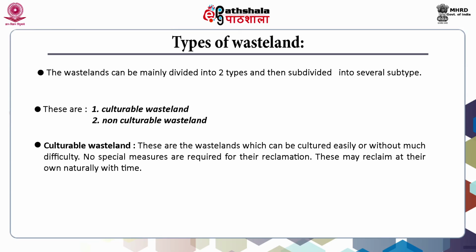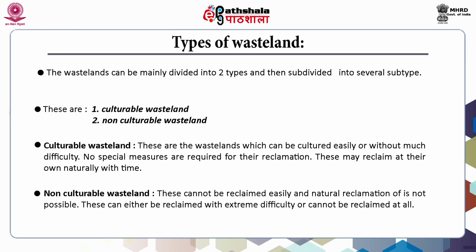That is, no special measures are required for their reclamation. These may reclaim on their own naturally with time, whereas non-culturable wastelands cannot be reclaimed easily and natural reclamation of these lands is not possible. These can be either reclaimed with extreme difficulty or cannot be reclaimed at all.